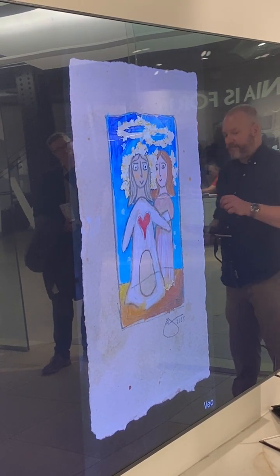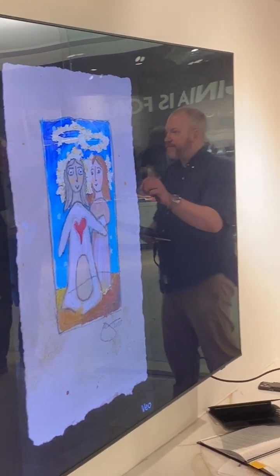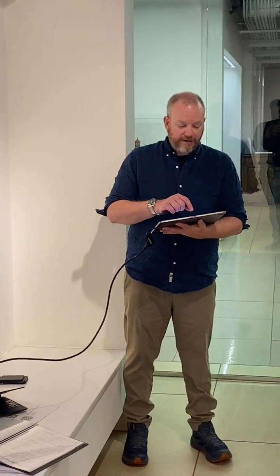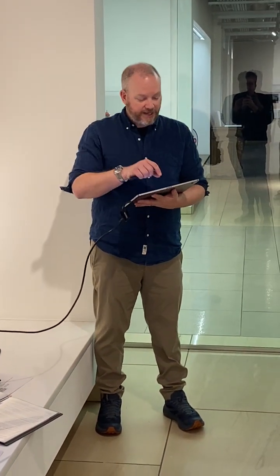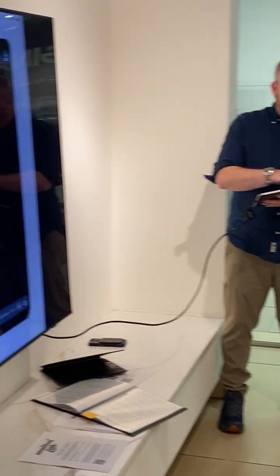Veo was able to preserve, I think, more of the fidelity of Joshua's art, while at the same time being able to recognize what a bubble person is.